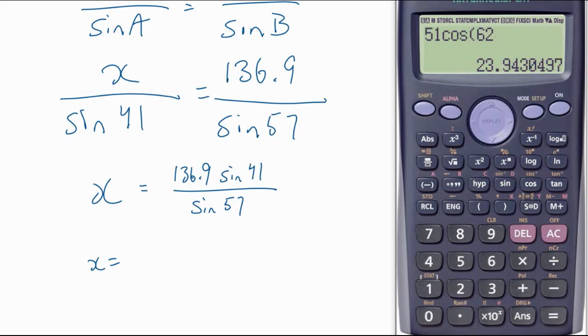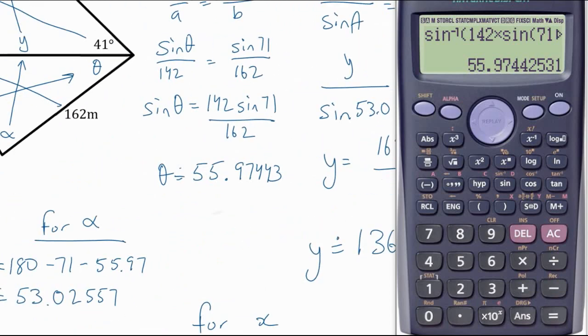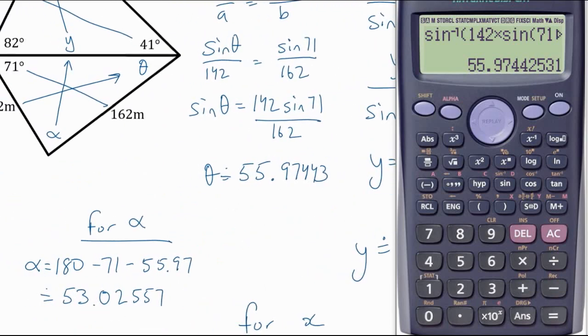This was, nope, that's not right. This was the first one. So now I've got equals, did that work? 55.9, that was that first one, okay? Then I did 180 minus 71 minus answer. Okay, good.